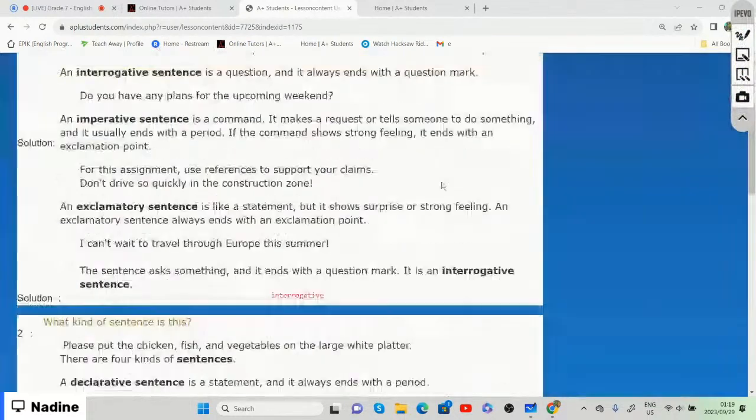And then we have an exclamatory sentence. An exclamatory sentence is like a statement, but in this case, it shows surprise or strong feelings or emotions. And an exclamatory sentence always ends with an exclamation point.